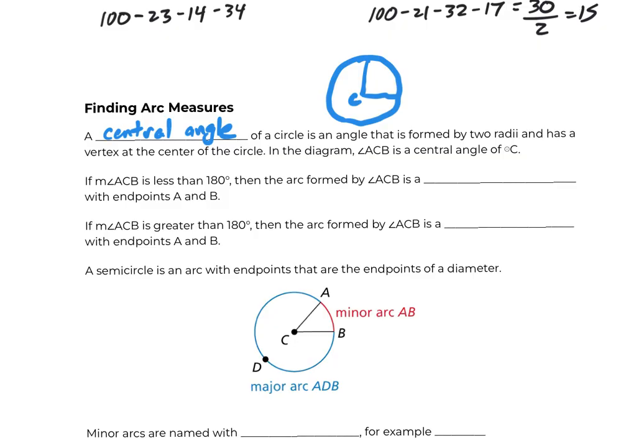Circle C is the name of this circle. And then if this point right here is A, and this point right here is B, then we are forming an angle that's at the center, because C is the center of the circle, and we have an angle that's formed at the center.